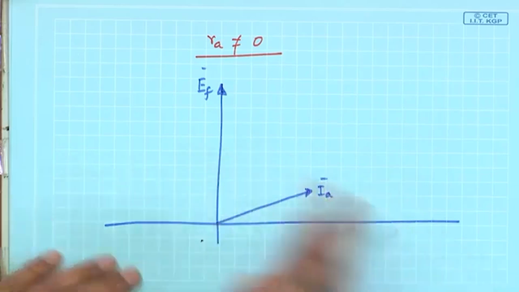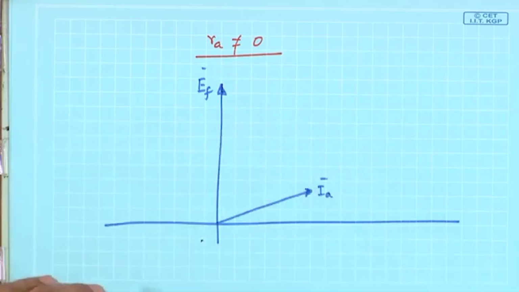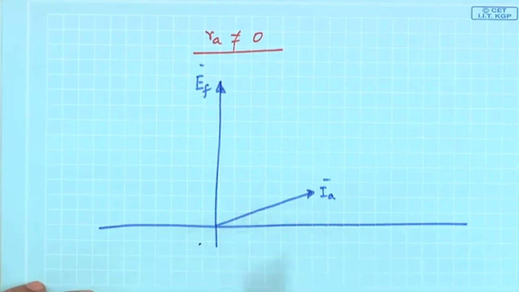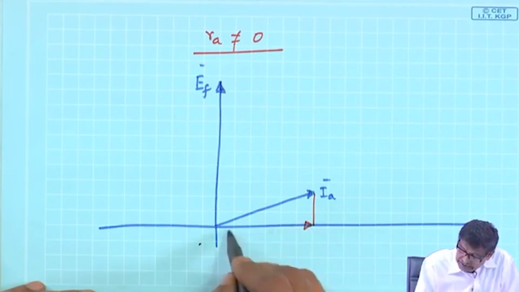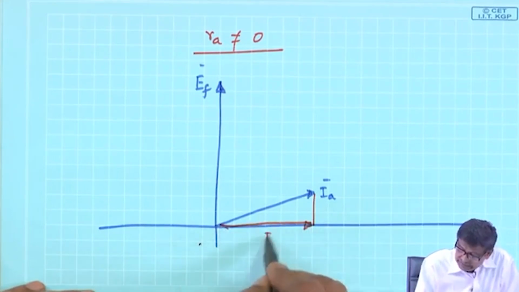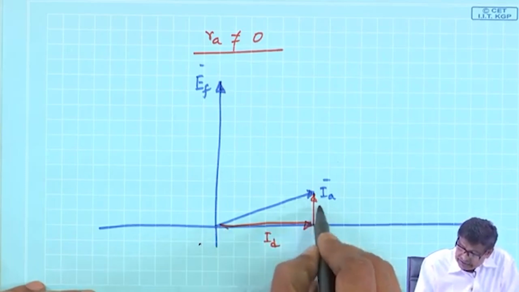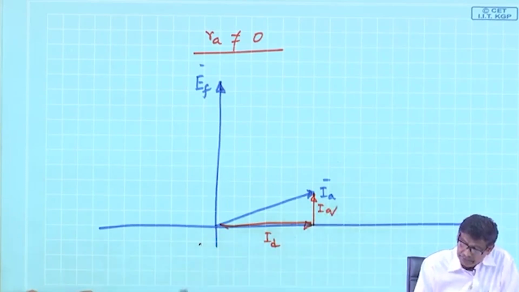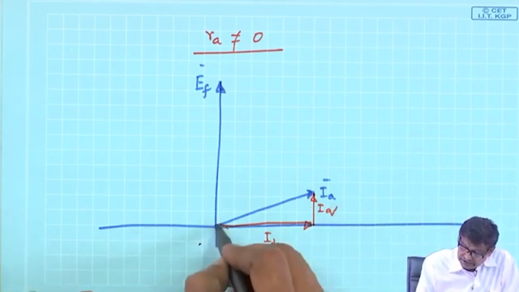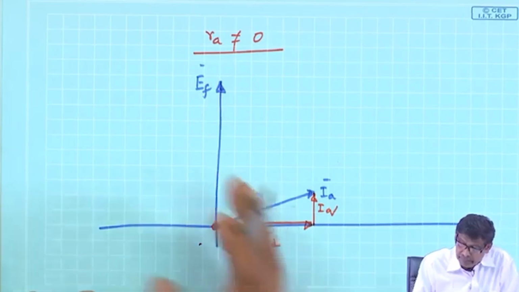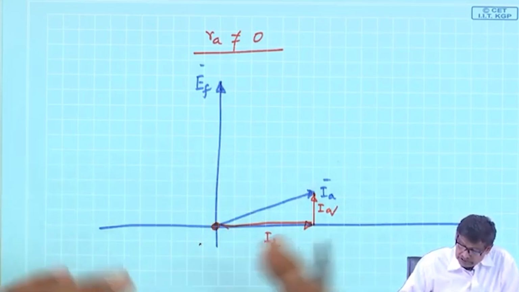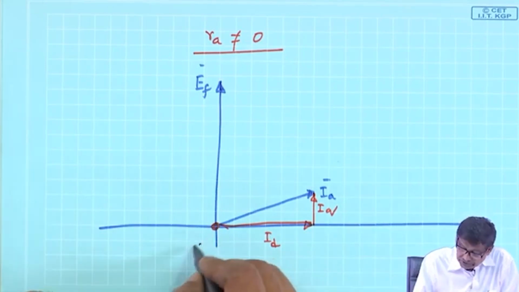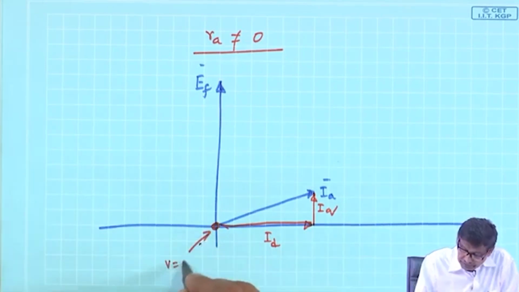lagging almost 90 degree or slightly less than 90 degree from E f, and then this I A can be broken up as I d and I q. Terminal voltage is 0 here. So, in generator mode V is equal to 0, this point.